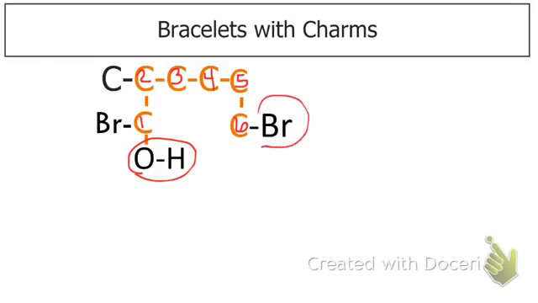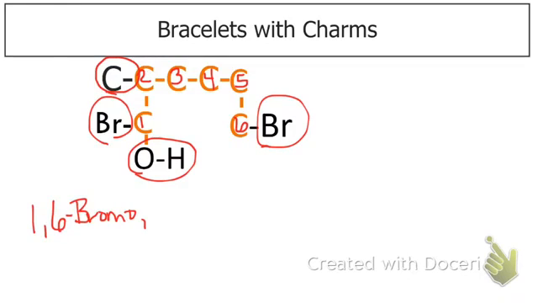We have a bromo here on 1, and we have a bromo on 6, and we have a methyl on 2. So in alphabetical order, this is going to be 1,6-bromo, 2-methyl, because there's only one.